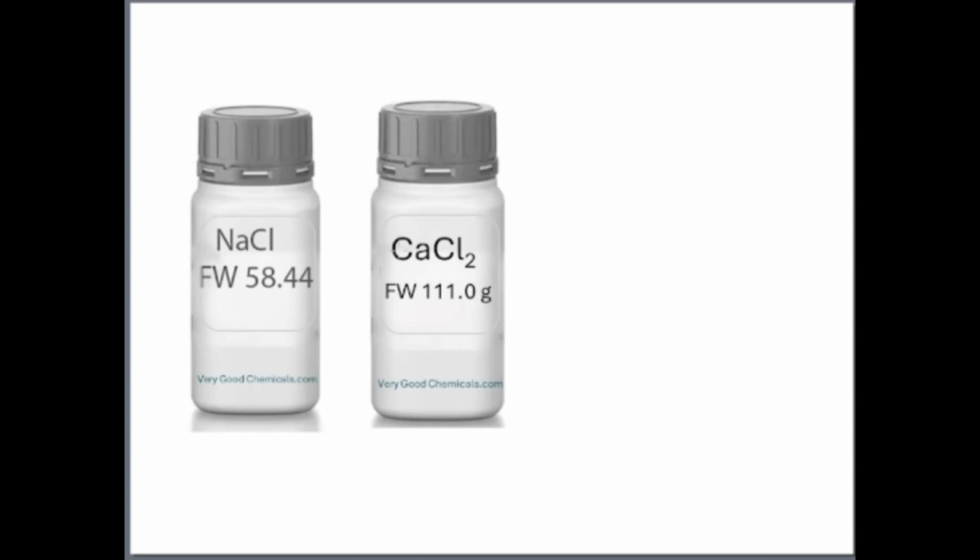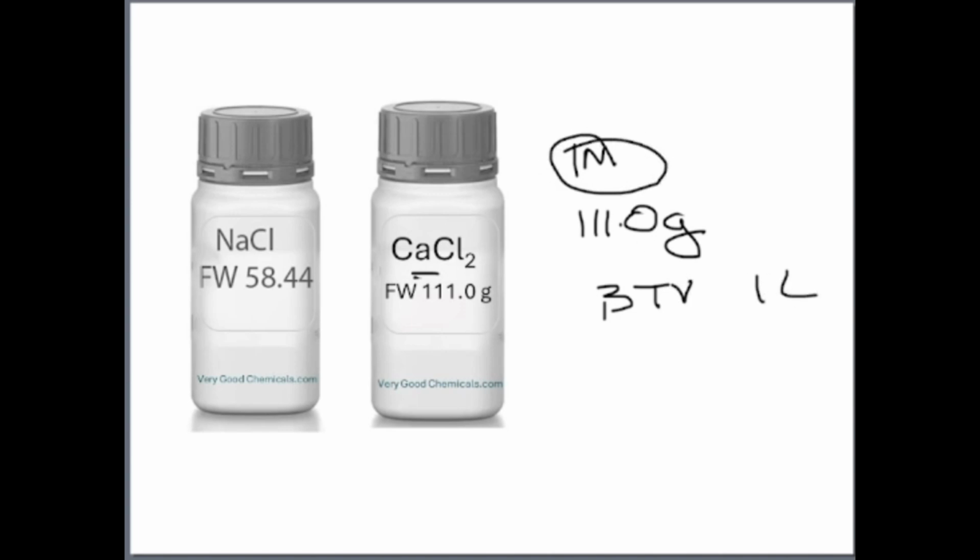For any compound you're interested in, you would take the formula weight. For example, to make 1 molar calcium chloride, you would take 111 grams of calcium chloride, weigh it out, and bring it to a volume of 1 liter.